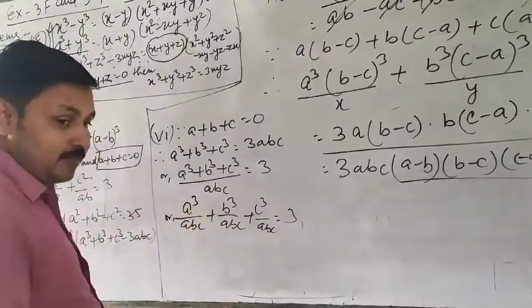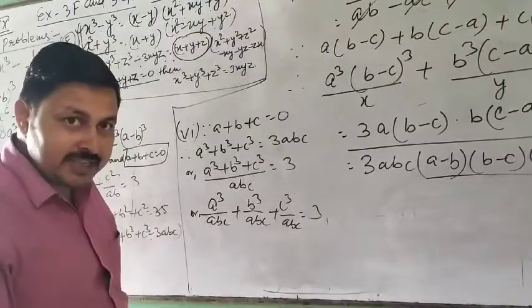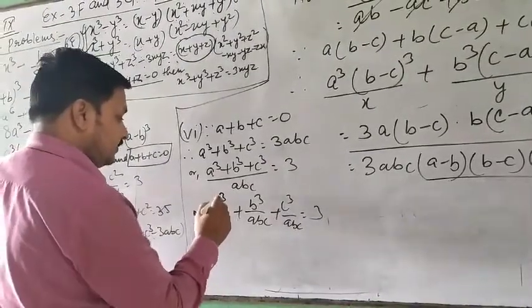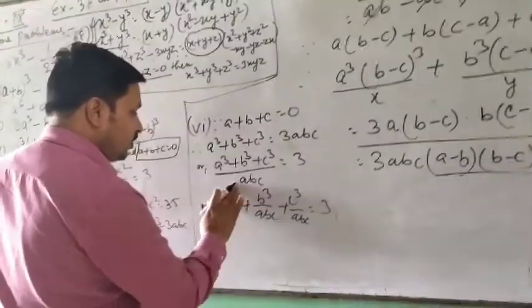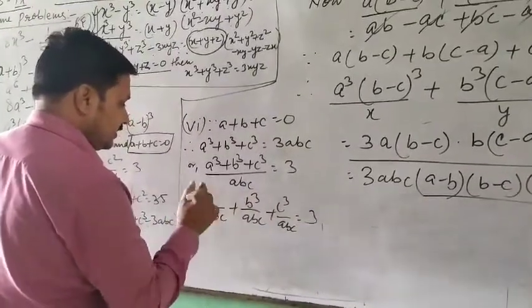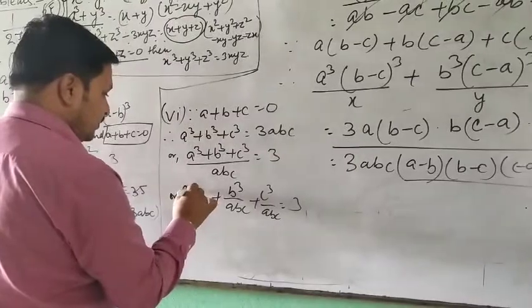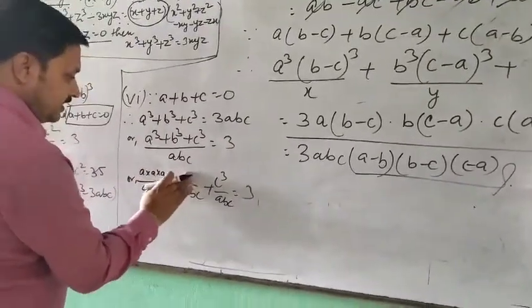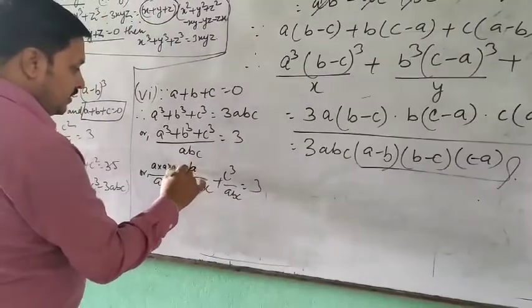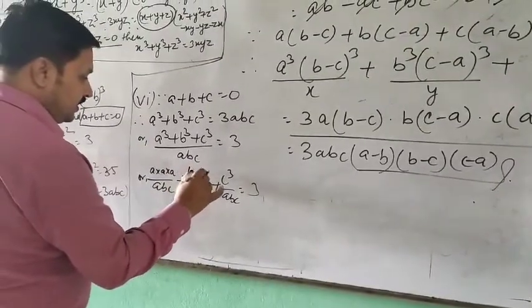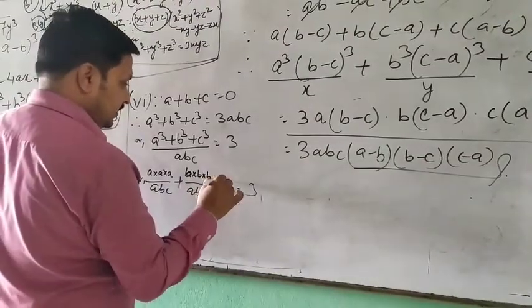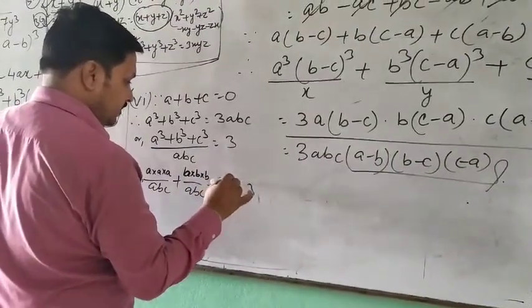A cube, that means a into a into a. It should be written as a into a into a, b into b into b, and c into c into c.